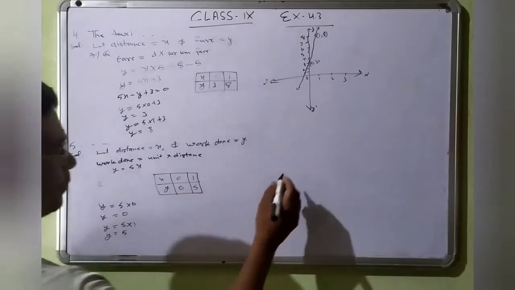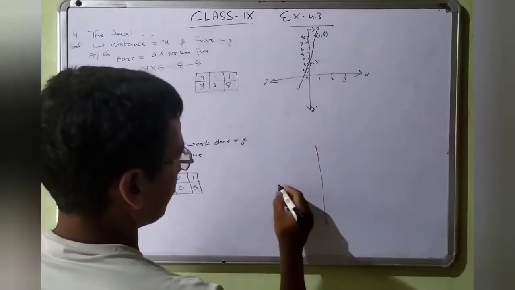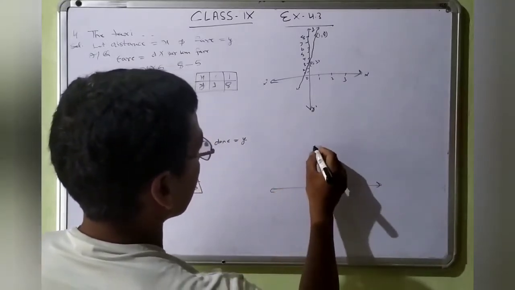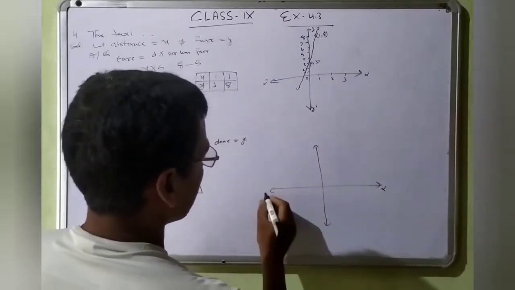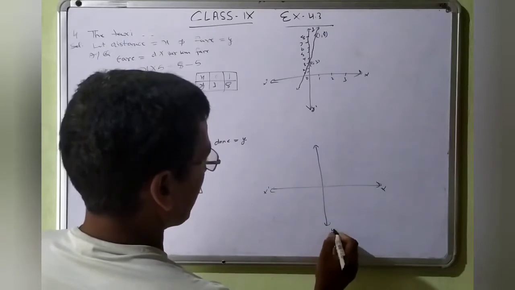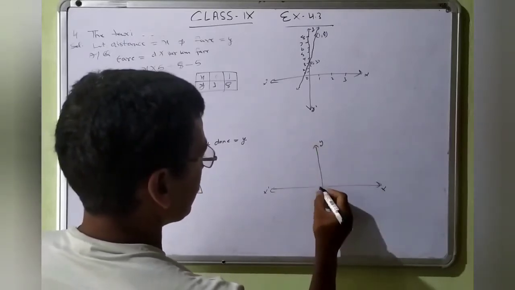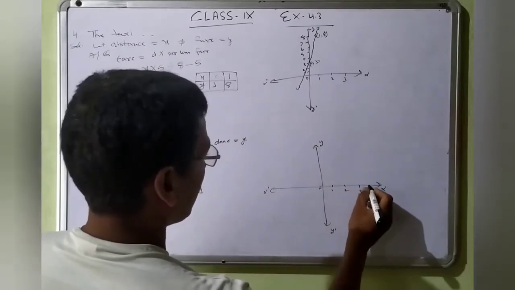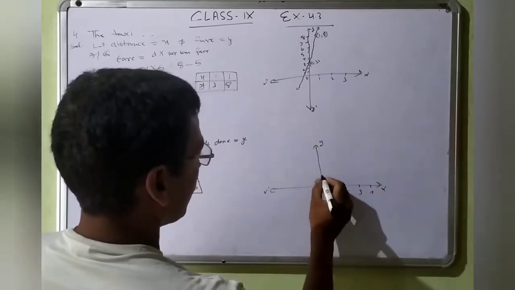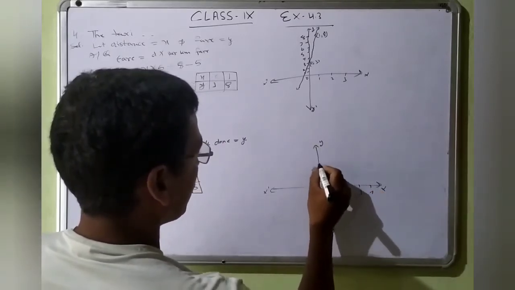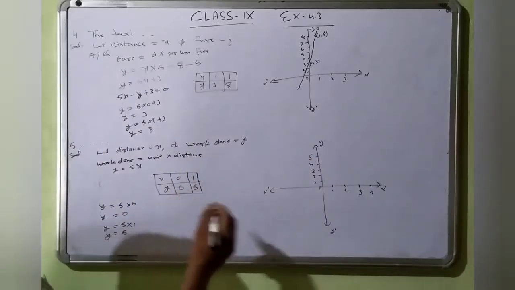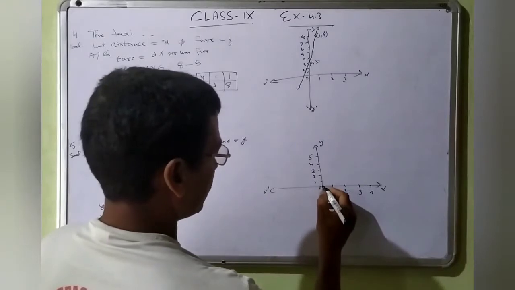Now graph. X axis, y axis, 0, 1, 2, 3, 4, 1, 2, 3, 4, 5. Now first is 0, 0, so that is 0, 0.